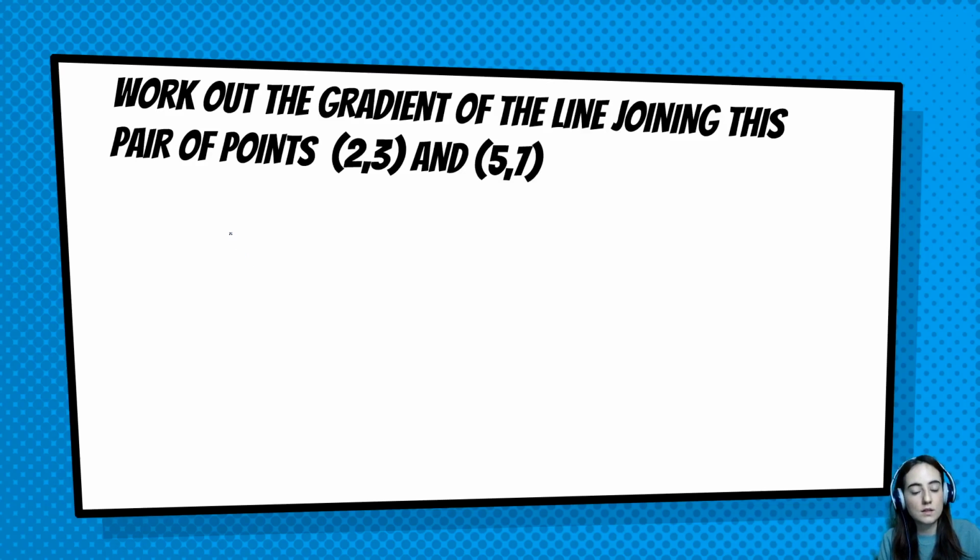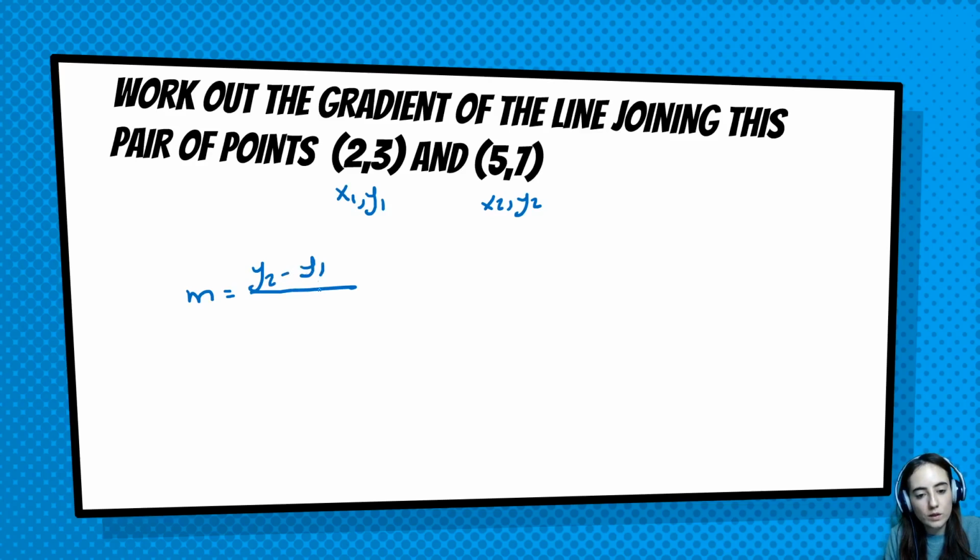All right, so this one says: work out the gradient of the line joining this pair of points (2, 3) and (5, 7). First things first, we write x1, y1, x2, y2. You label them. You're always very, very careful to do so. Then immediately you write your formula: m equals (y2 minus y1) over (x2 minus x1).